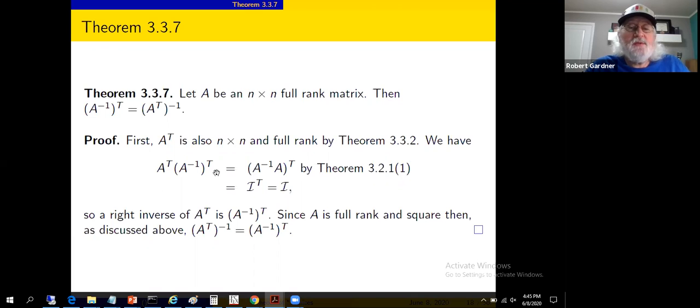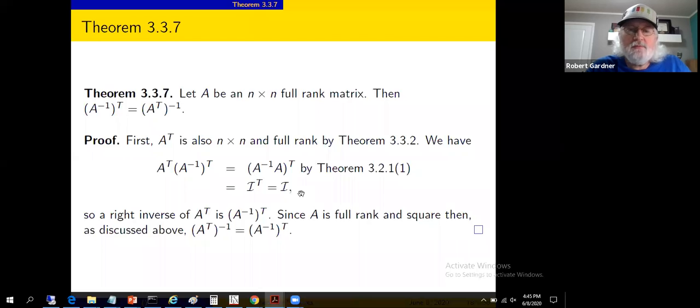A property of transposes says the transpose of a product is the product of the transposes written in the opposite order. So if we take A inverse A and transpose that, we get A transpose first and A inverse transpose second. So that establishes equality between these two. Also, we've got the transpose isolated on the outside. A inverse times A, that's the identity transposed.